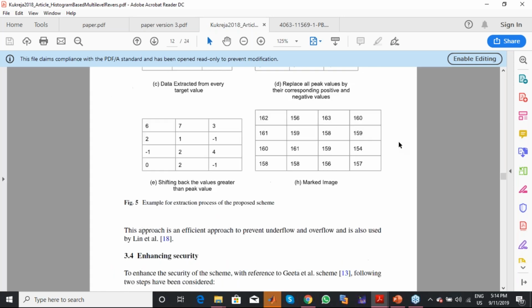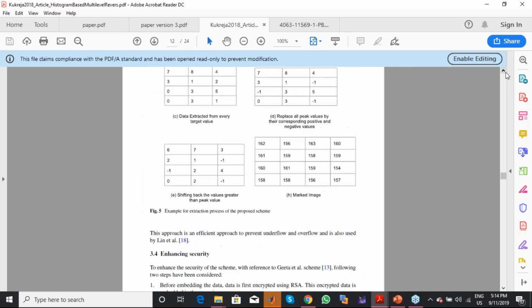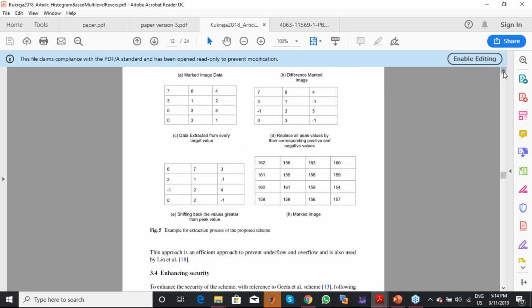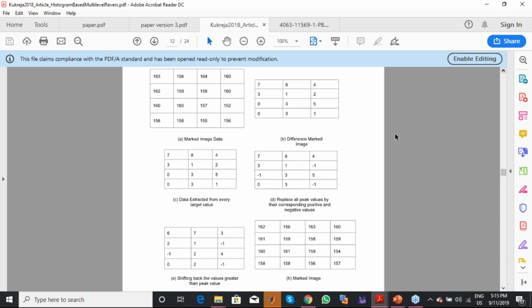Let's have a look at it. In the original image, the first pixels were 163, 156, 164, and 160.